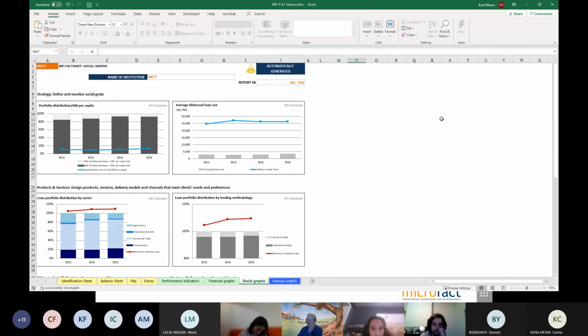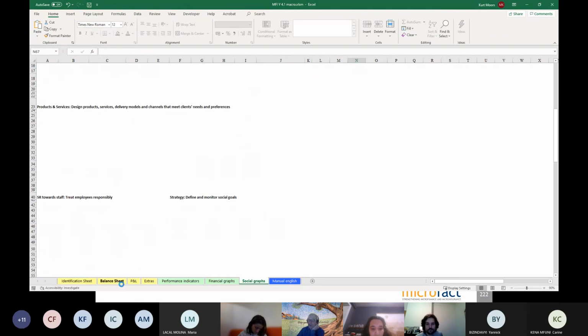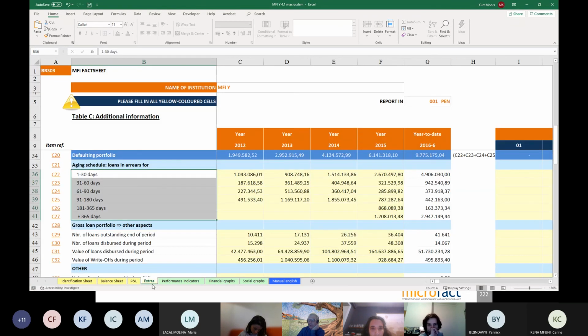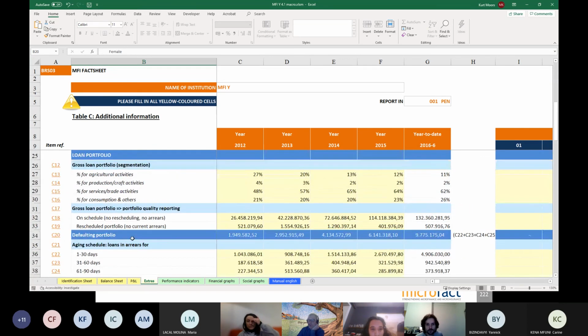Just to give you some orientation in the fact sheet: the balance sheet, profit and loss, some extra information, especially on the quality of portfolio, but also the number of branches, the number of staff, male, female borrowers. So this is all extra information.